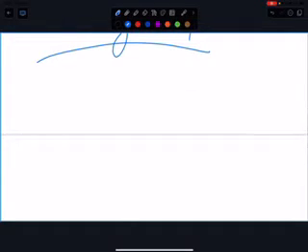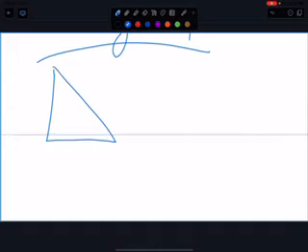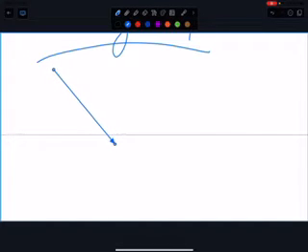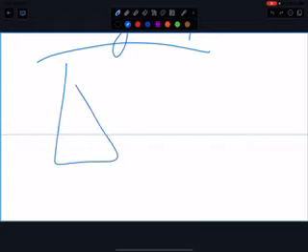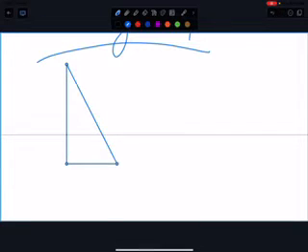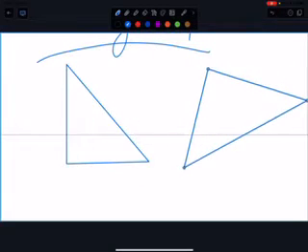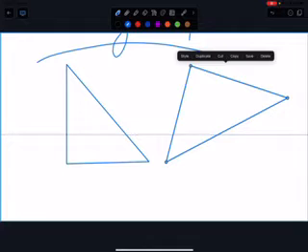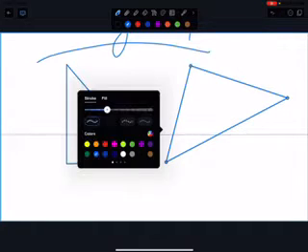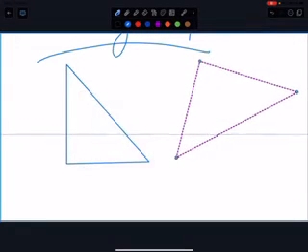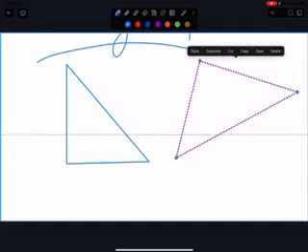Meaning, I can have a triangle, and I have the same triangle, and I just flipped it. I gave it another color and said, well, these two are congruent.